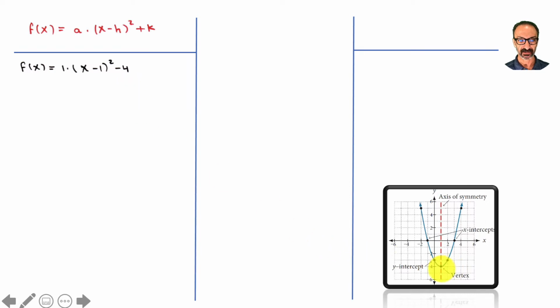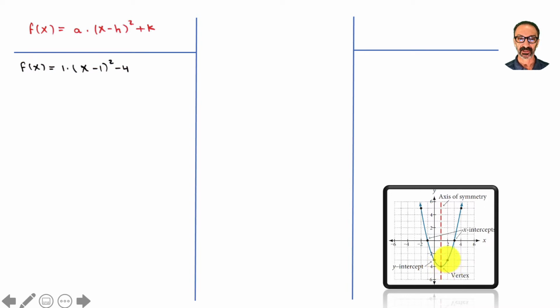The vertex shows (1, -4). If you pay attention to the scale, they're going 1, 2, 3, 4 by 1 on the x, and 1, 2, 3, 4 by 1 on the y. But look at these 2 points. That's exactly like my first graph, my second or third slide.